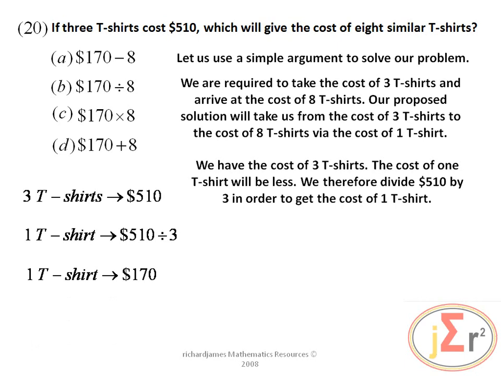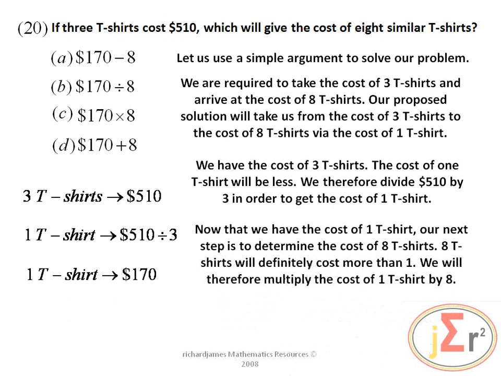And when we divide 510 by 3, we get 170. Now that we have the cost of 1 t-shirt, our next step is to determine the cost of 8 t-shirts. 8 t-shirts will definitely cost more than 1. We will therefore multiply the cost of 1 t-shirt by 8.